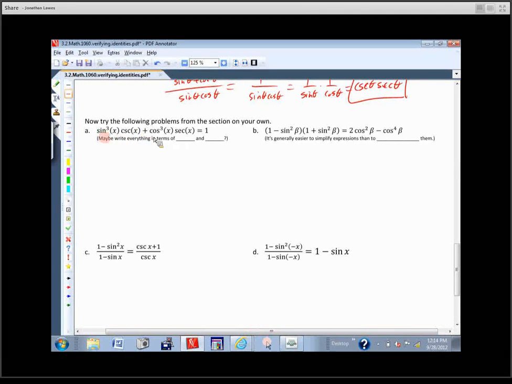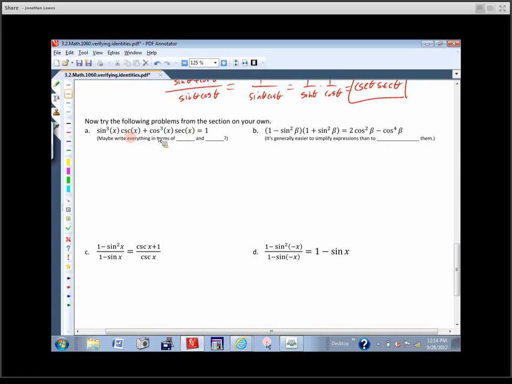Ideas on this one? I've got sine and cosecant and cosine and secant. If you write everything in terms of sine and cosine, sine cubed x, 1 over sine of x, cosine cubed x, 1 over cosine of x.